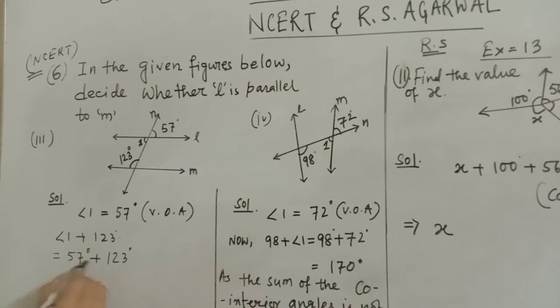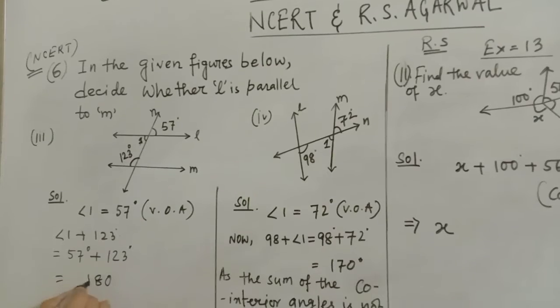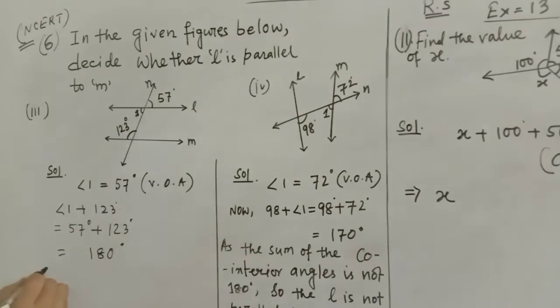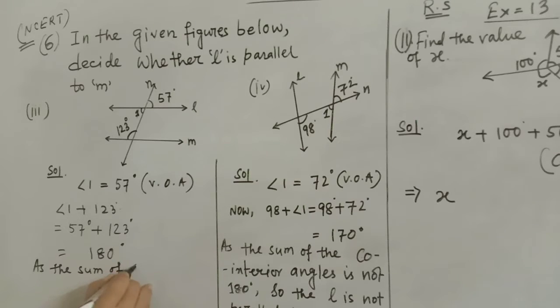Add these: 3 plus 7 is 10, 0 and 1 carry; 3, 8 and 1. As the sum of the consecutive interior angles is equal to 180 degree, as the sum of the co-interior angles is 180 degree, that is supplementary.